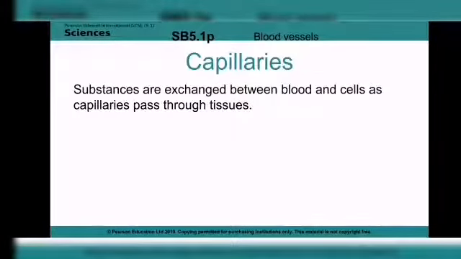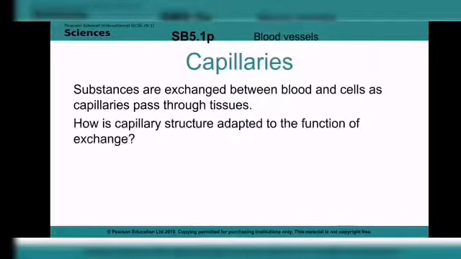Capillaries. Substances are exchanged between blood and cells as capillaries pass through tissues. How is capillary structure adapted to the function of exchange?